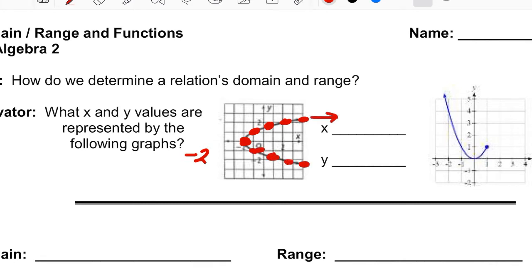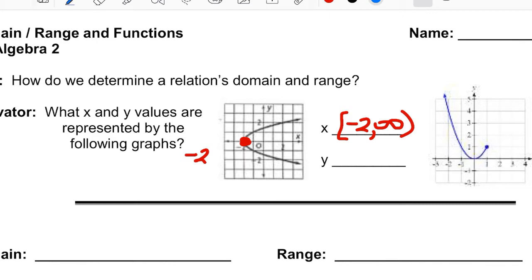Likewise, if we look down here, we come up with the same conclusion. The x values that start at -2, but then go to the right, would be the domain of this graph. And we can write that by using different notations. If we choose, we could use interval notation. We could say that we're starting at -2, we're going to the right, we're going to infinity.